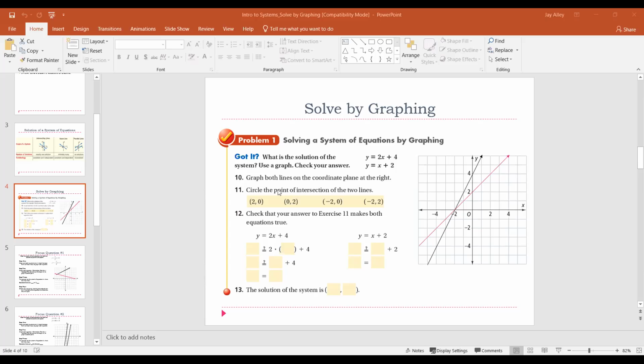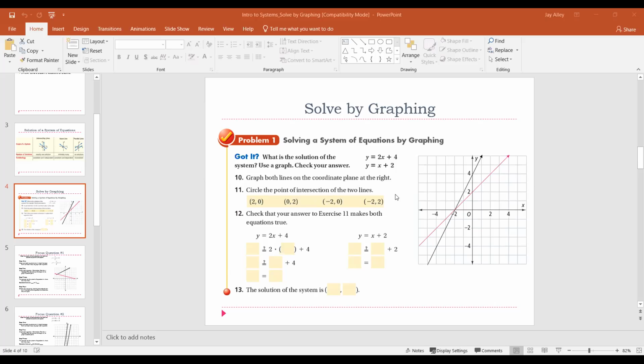And so which of these points here in number 11 is the solution for that system? You got 4 different points that are shown here: (2, 0), (0, 2), (-2, 0), and (-2, 2).